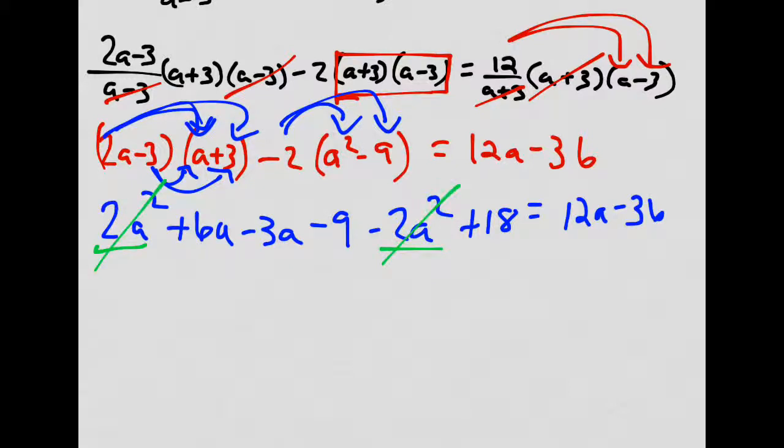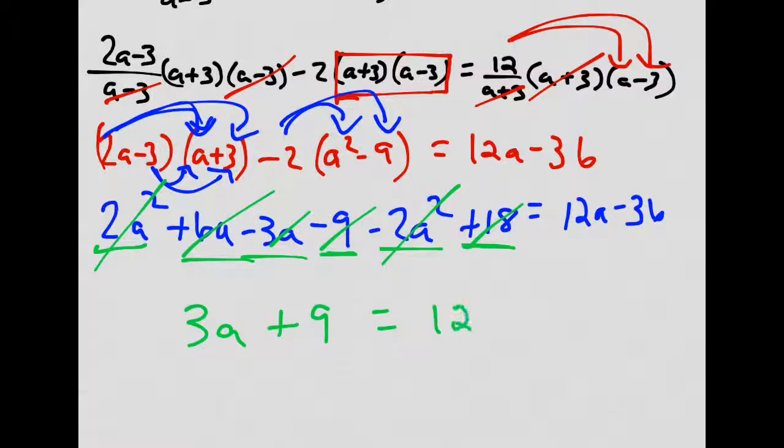Since they're all on the same side of the equal sign, they're just going to go away. Alright, then I've got 6a minus 3a, which is 3a. Then I've got negative 9 plus 18, so that's going to give me a positive 9. So I've used all of those on that side. That's equal to 12a minus 36.